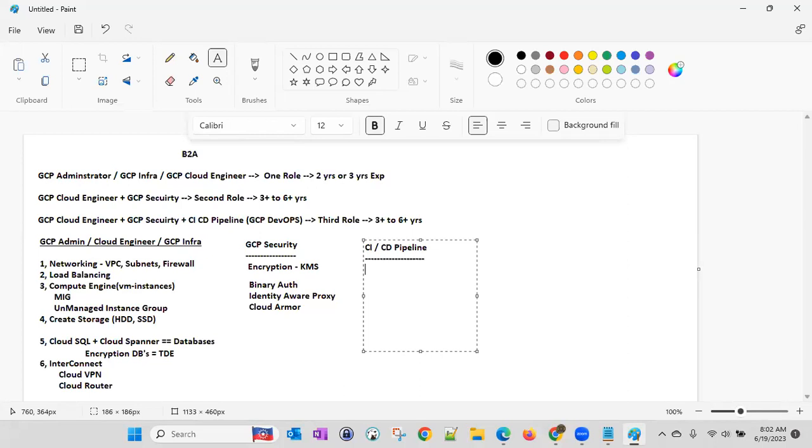Here, for example, Jenkins. If you know Jenkins, we'll call it Cloud Build. CI/CD pipeline. Git, we'll call it Cloud Source Repository. Simple words.